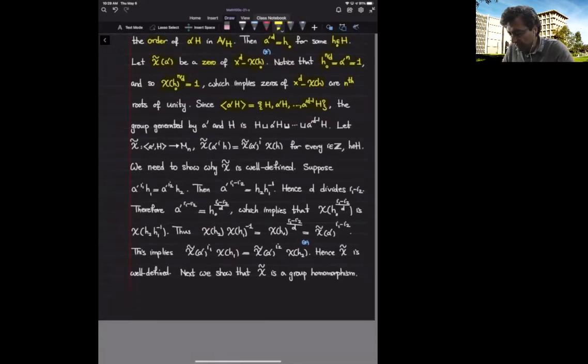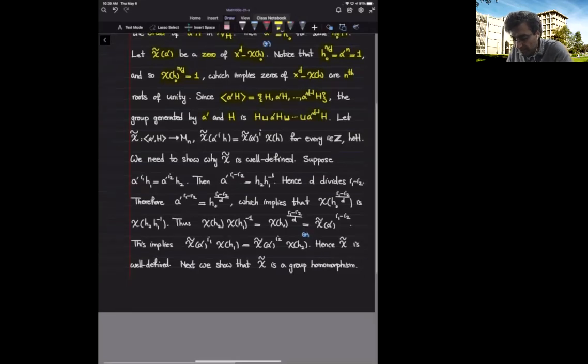So this means that every element of the group generated by A prime and H, so the group generated by A prime and H modded by H, is this group, and therefore the elements would be all those inside the union of these cosets, the disjoint union, because they are distinct. Now we define chi tilde from the group generated by A prime and H to mu sub n.